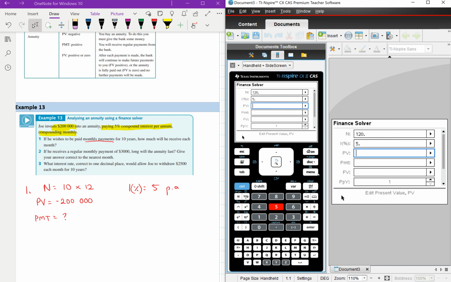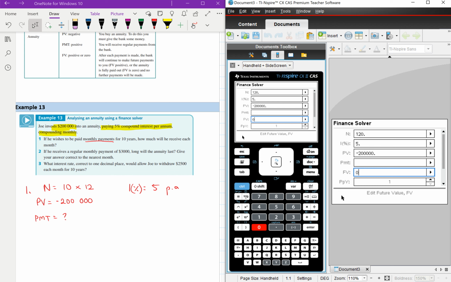PV, this is where you're going to be mindful, it's negative 200,000 because that's not money in your pocket anymore. You've given the bank that money and you want to work out the payment, but the future value, assuming that they pay everything back by 10 years, okay, so then that means the future value the bank owes you should be $0.